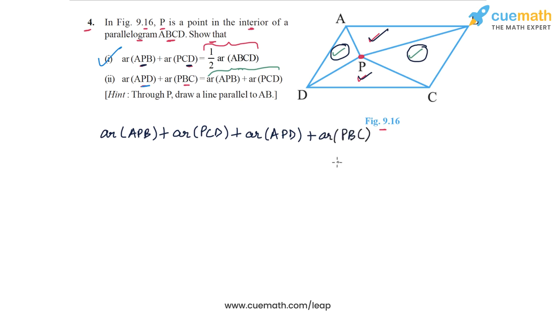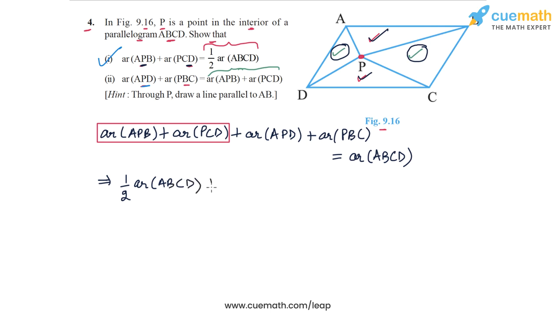If you add all these 4 areas, you should get the area of the parallelogram ABCD. But we've already shown in the first part that the sum of APB and PCD is equal to half of the area of ABCD. So we get half of the area of ABCD instead of these 2 triangles, plus the area of APD and area of PBC. So area of APD plus the area of PBC, this is equal to area of ABCD.